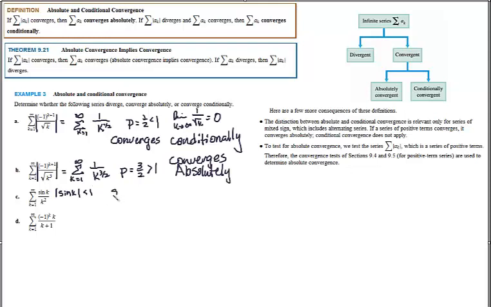The absolute value of sine k over k squared equals the absolute value of sine k over k squared, because k squared is always positive, and this is less than or equal to 1 over k squared. Now this is a p series with p equal to 2, which is greater than 1, so it converges. If I use the comparison test, I will find that no matter what, this will converge. So this one is another that converges absolutely.